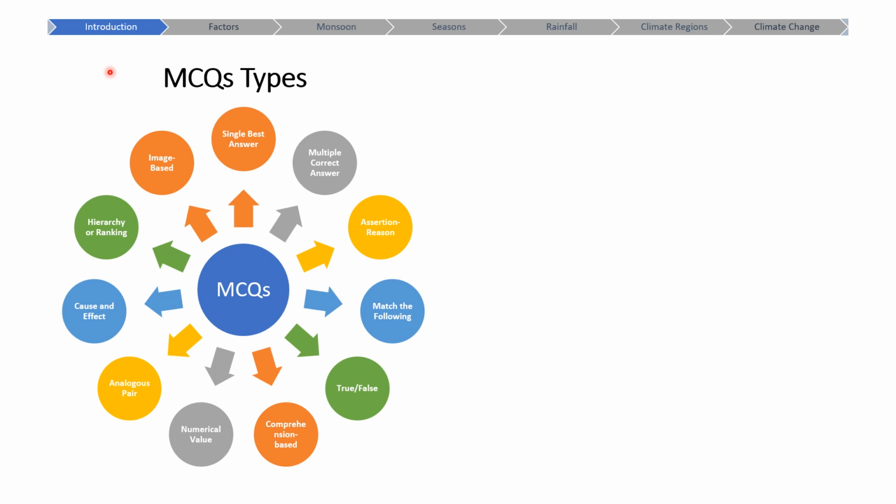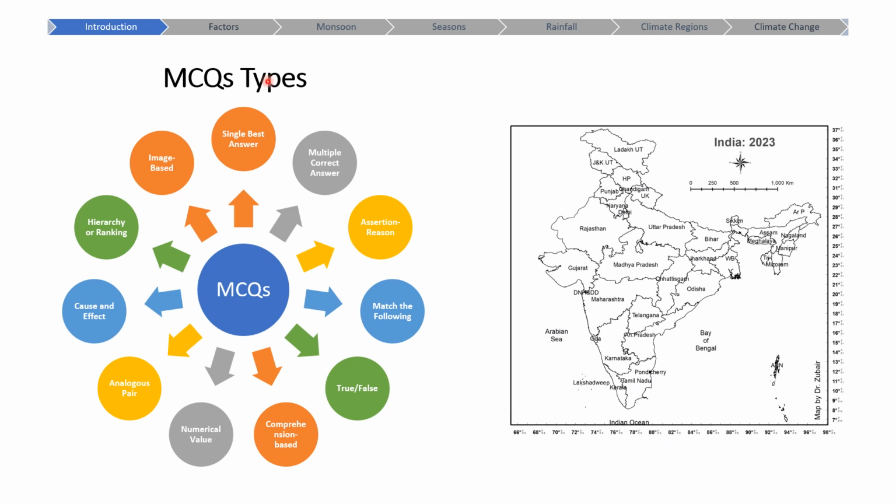The difference is you are preparing for the exams. So in the exams, the MCQs are there, and there are different types of MCQs. For instance, the single best answer. So why am I talking about this? You should develop your perspective.